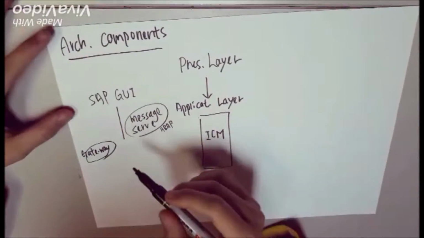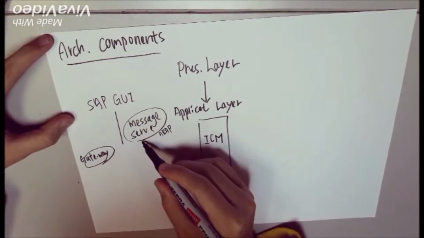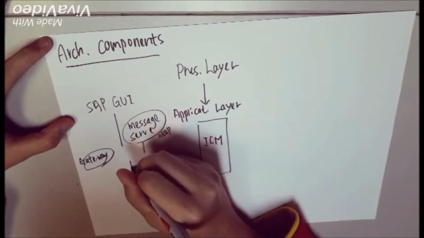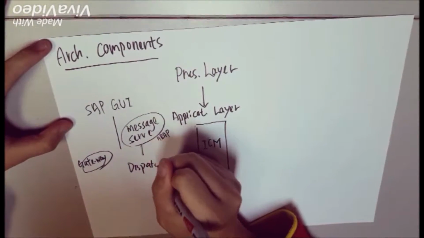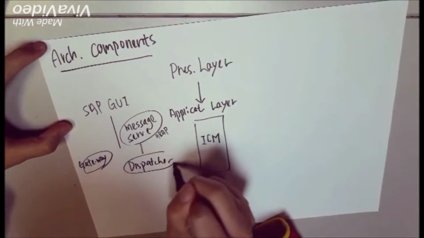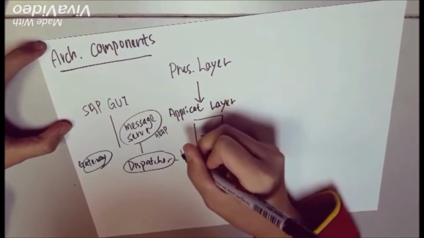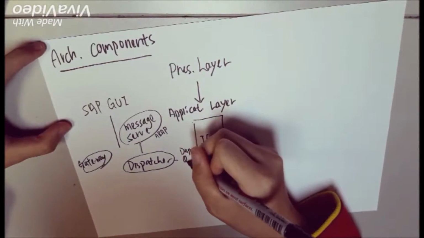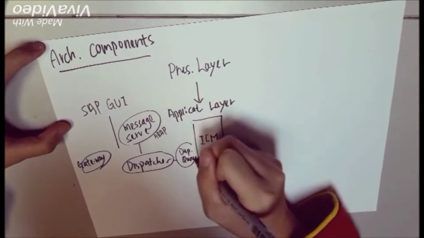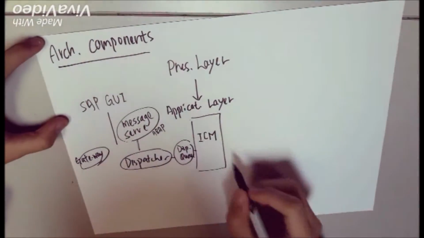Connected to the message server is the dispatcher. Next to the dispatcher is the dispatcher queue, which is also connected to the ICM.